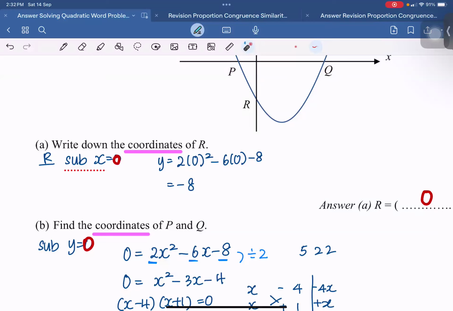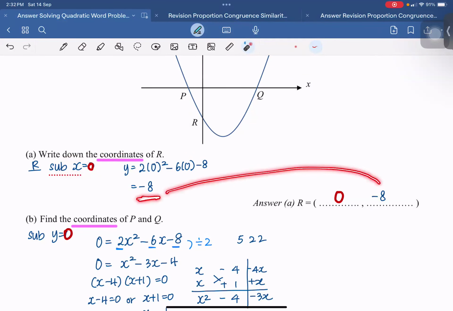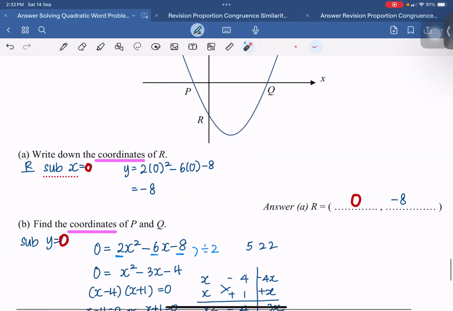We need a pair of values, the x and the y number. So in this case, our x is the number 0 and y is the number -8. Thank you, Ardina. So this is the coordinates of R. X equals 0, y is -8.